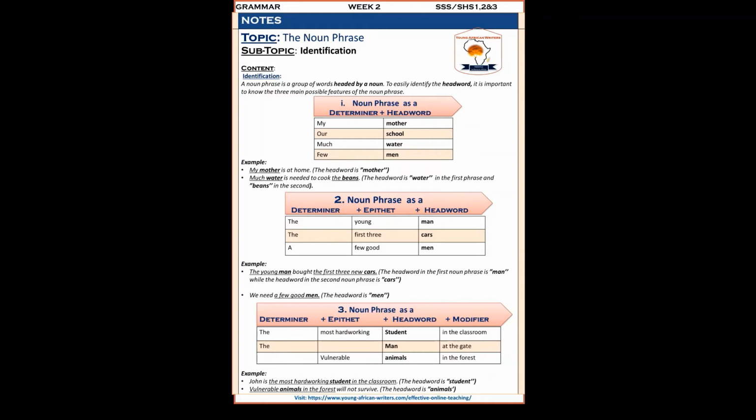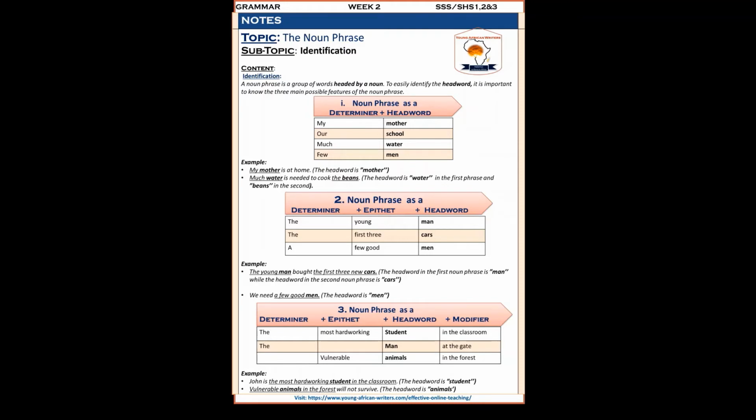First, as you can see on your screen, noun phrase as a determiner plus head word. We have examples: my mother, our school, much water, few men. Example within a sentence: my mother is at home. The head word is mother.